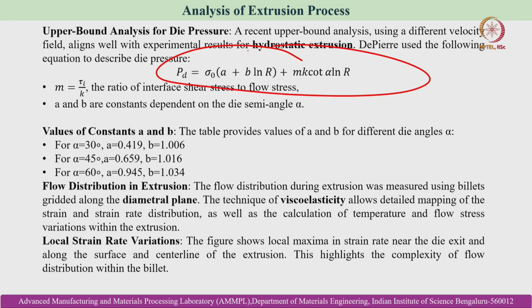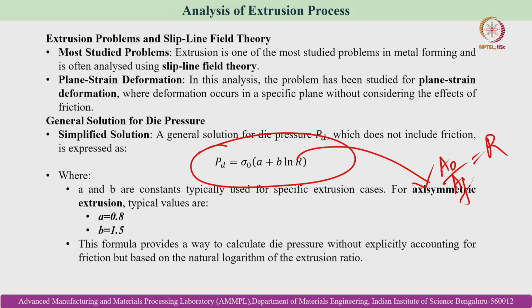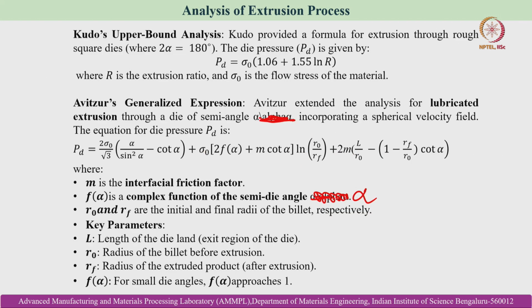As per upper bound analysis, this part is added compared to the general solution for die pressure. This is the difference from the simplified solution for die pressure, which states only sigma 0 into A plus B ln r. So, there is no frictional terms here.